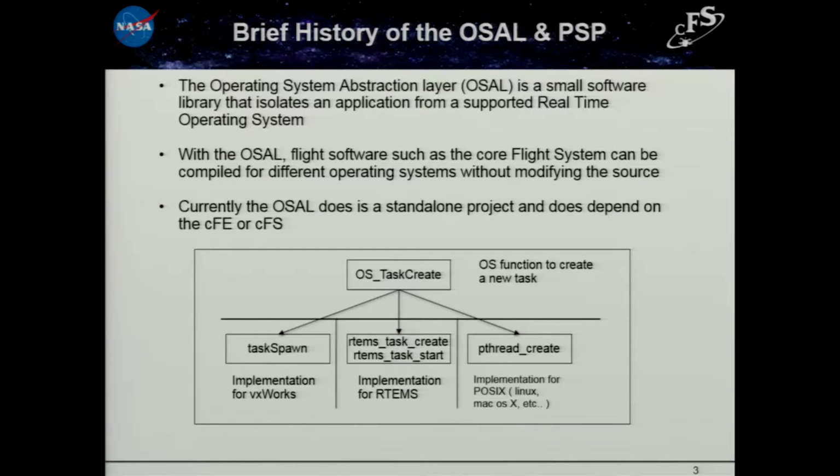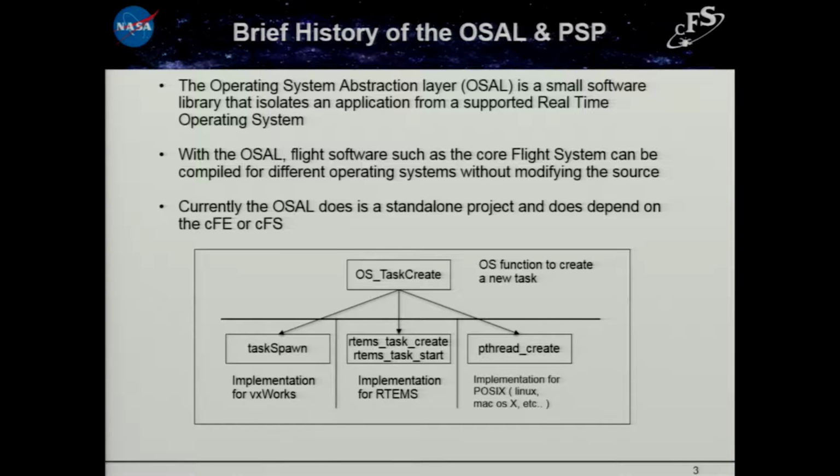So originally, the operating system, well, first of all, what is the operating system abstraction layer? It's a small software library that isolates an application from a supported real-time OS and other OSs such as Linux. With it, we're able to have our core flight system and core flight executive compiled for different operating systems without modifying the source.